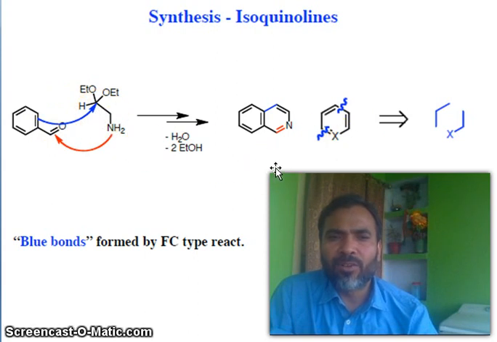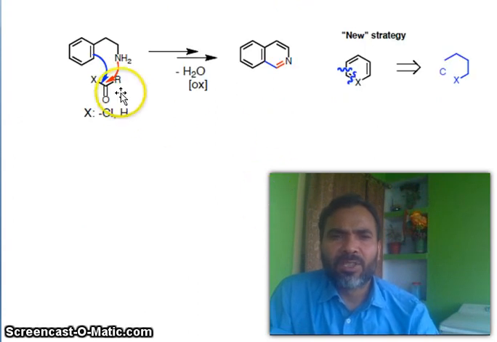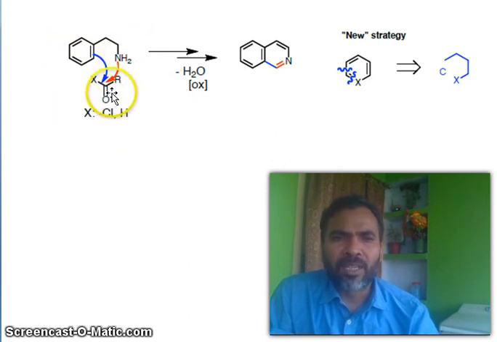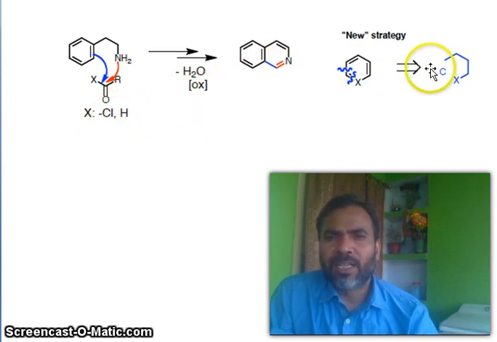So the blue bond is formed by FC type reactions. FC type is Friedel-Crafts reaction. So these are the examples. If you have this amine, and if you have such type of aldehyde or acetyl chlorides, you will get isoquinoline after oxidation. And this is the strategy also.